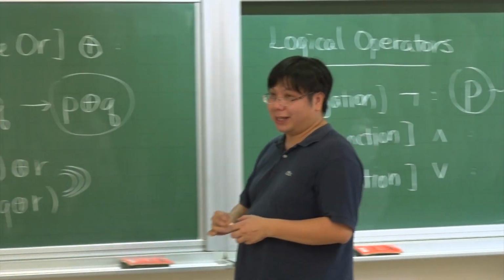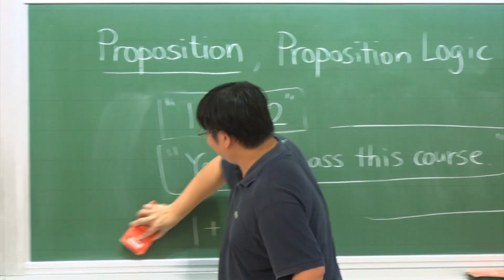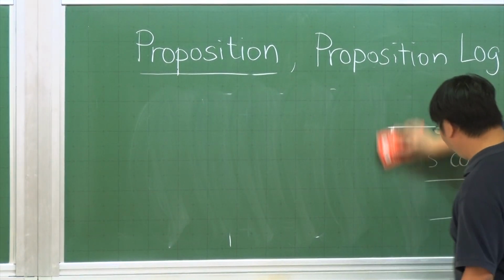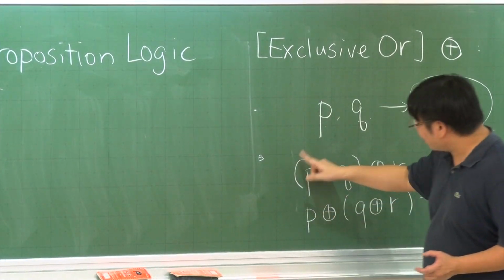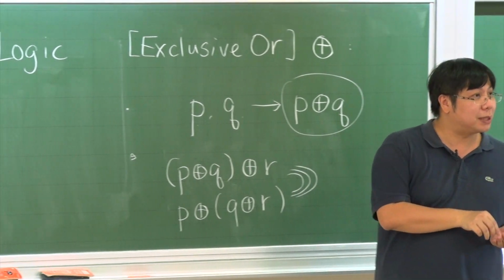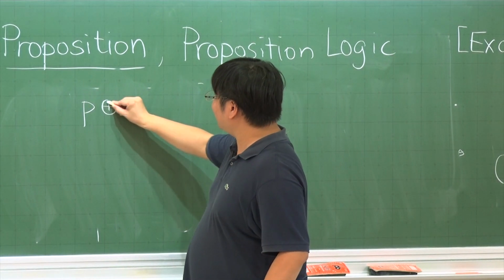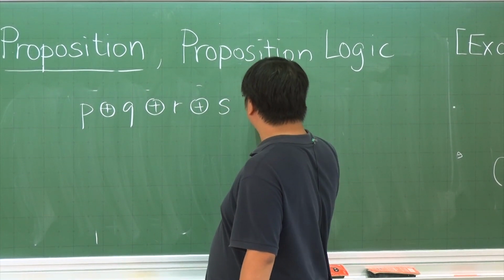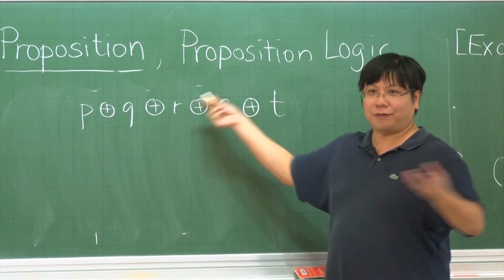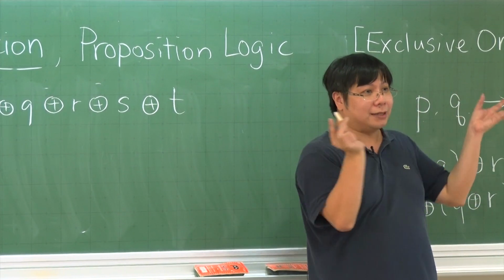Now, the second one is, if this is the case, then what does it mean? It means that because the ordering of the bracket, which one to be done first, doesn't matter, if you have a very long one, P exclusive or Q, exclusive or R, exclusive or S, exclusive or T, whatever, you don't need to write down the bracket at all.